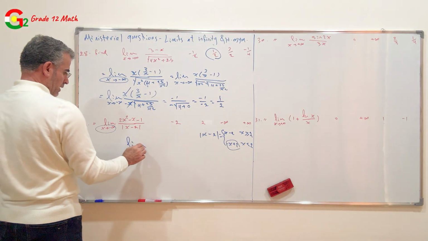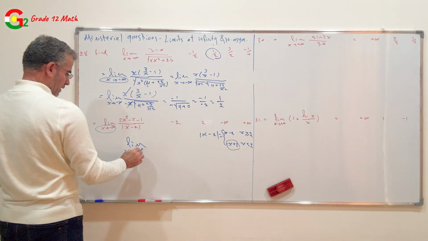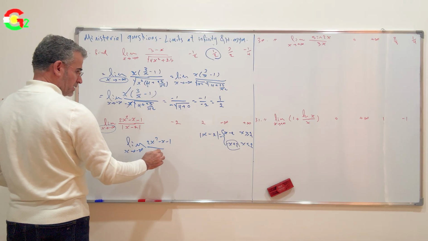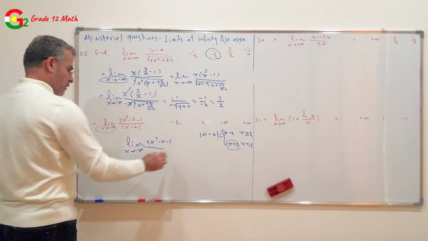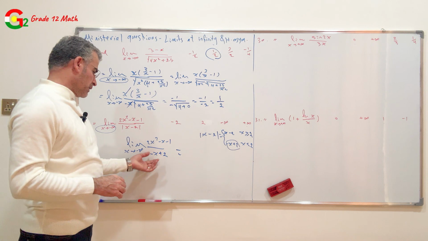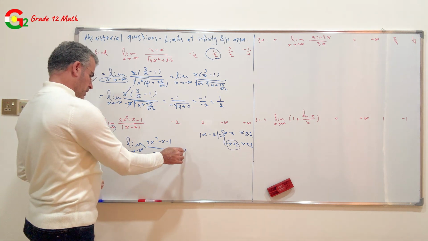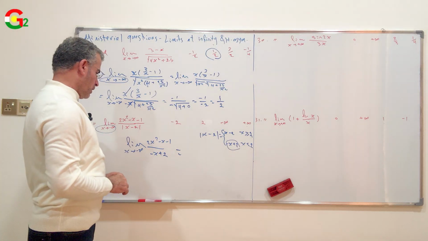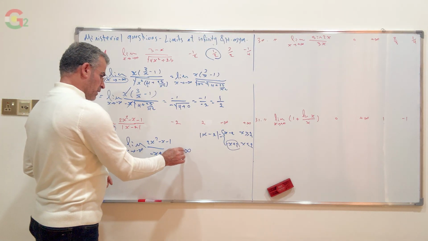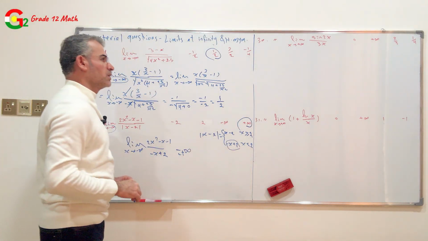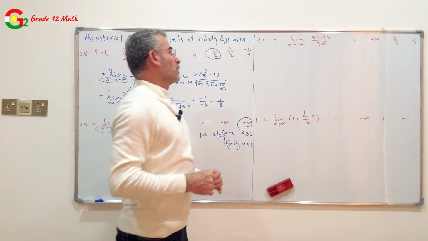And the limit will be limit x approach to negative infinity for 2x power 2 minus x minus 1 over negative x plus 2 equal to, since the degree of the numerator greater than the degree of the denominator, the answer is negative infinity power 2, infinity times 2, infinity. The answer is positive infinity. Choice B.